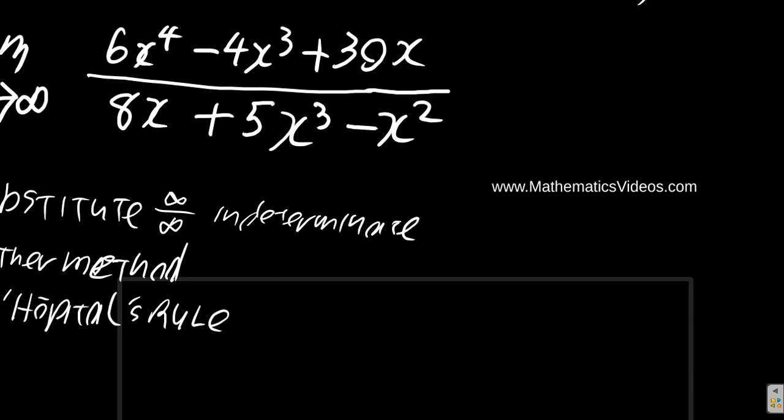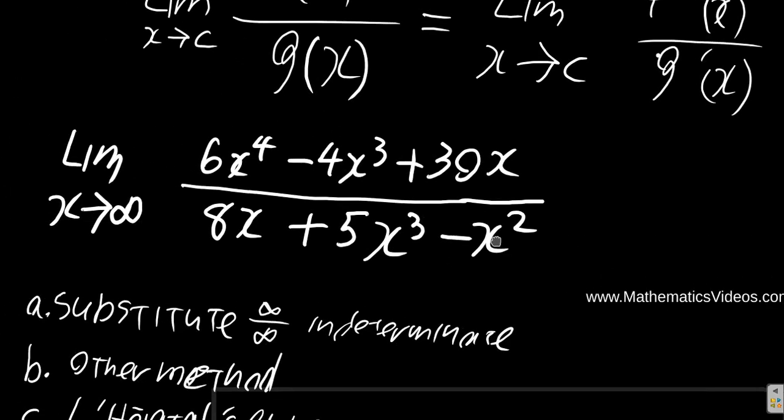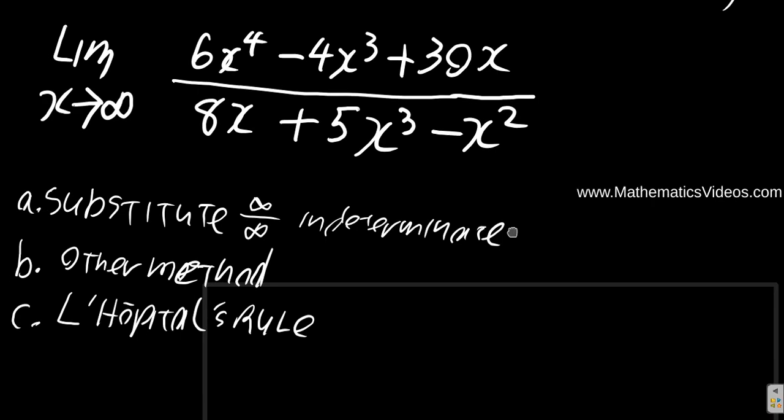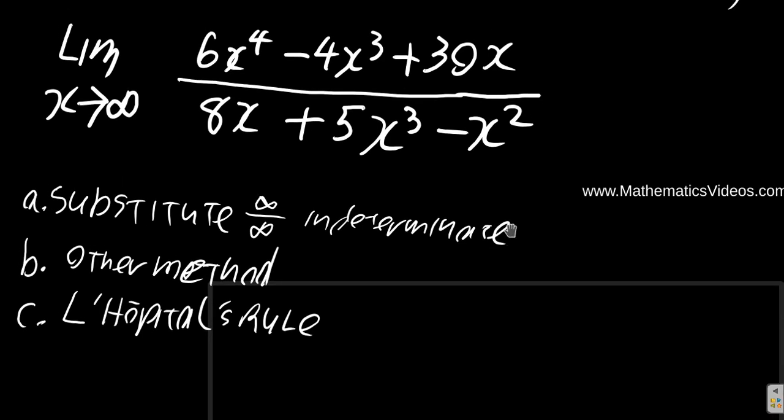Okay. Now, which other method could we use? What we could do is divide the numerator and denominator by the largest power of x. It could be larger, but that's not necessary. Just the largest power of x would be sufficient.